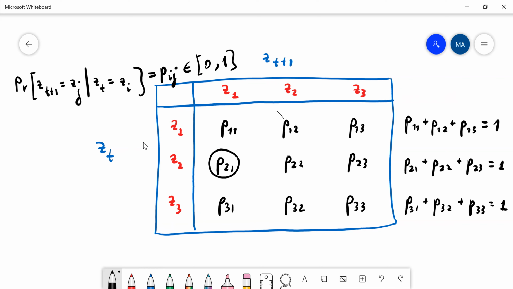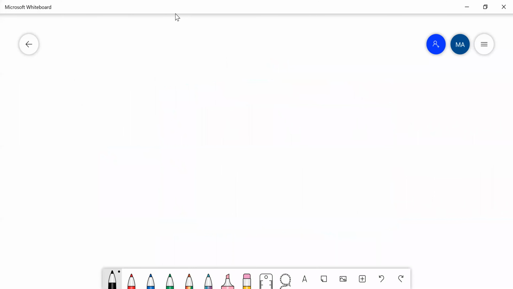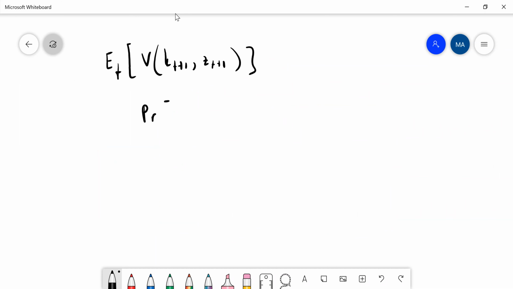Then you can write this, because now you know the probability of being at Z_j conditional on being at Z_i.